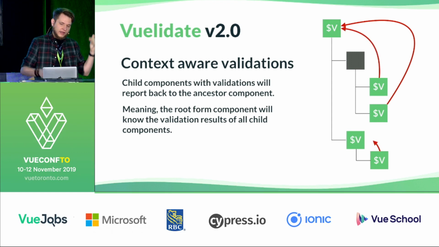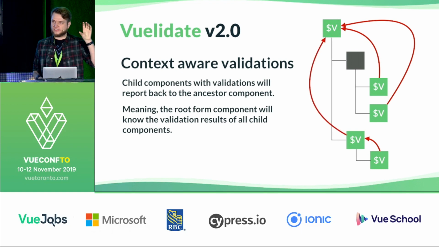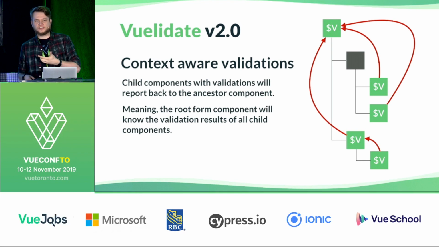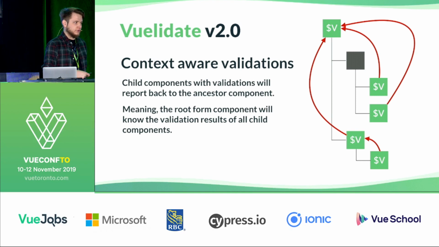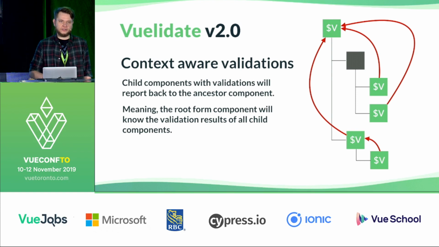So your root form will always know whether any child components have their own validation rules and whether they are passing or not. So you won't have to keep your schema in just one component. You can just use multiple components with their own validations, and they will automatically report back to the root form without any of your work.